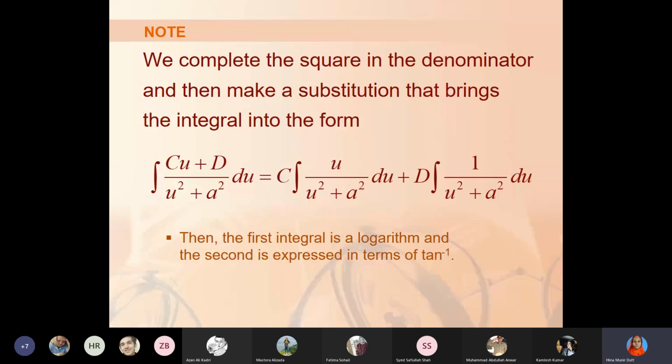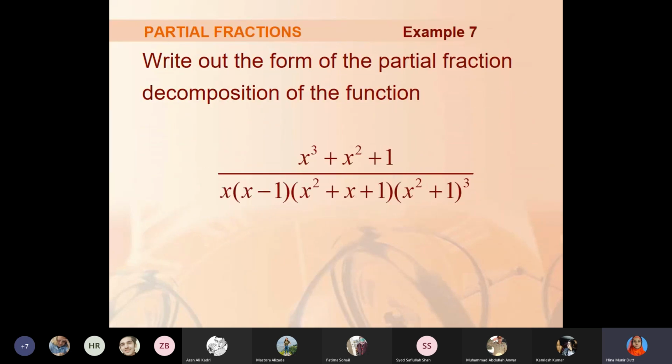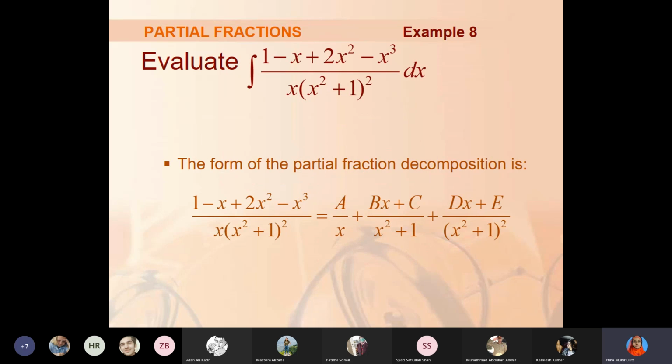Now you have to solve a question. I have explained all these things in the examples here. Now you need to solve this example 8. Do the example 8. We have to do it quickly, within 10 minutes. Online students also need to solve this example 8. This is a combination of all the four cases. x into x square plus 1 whole square.